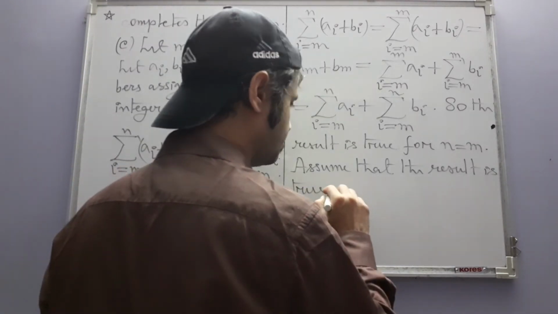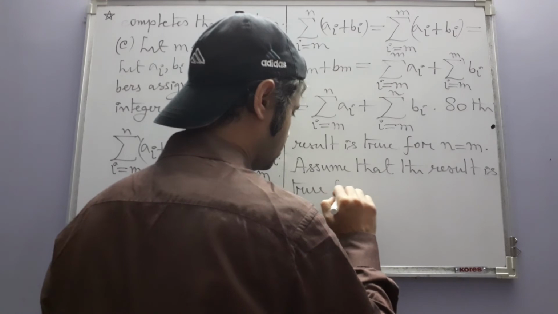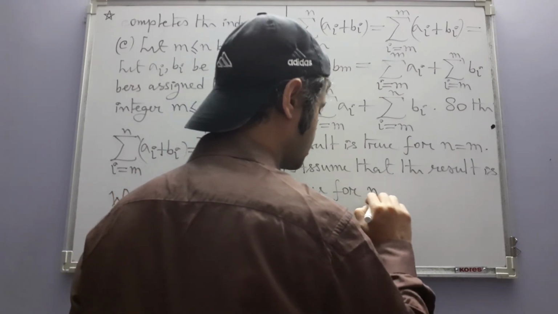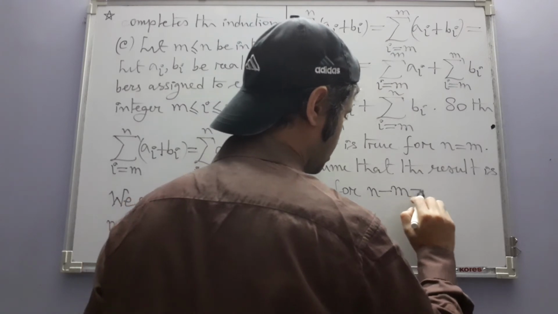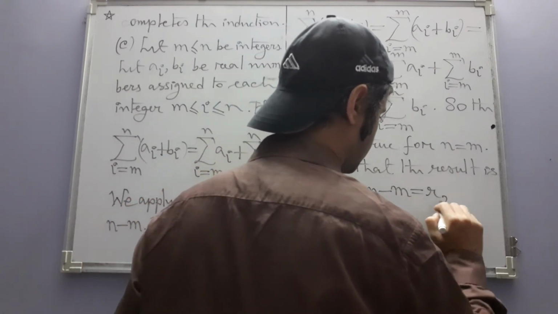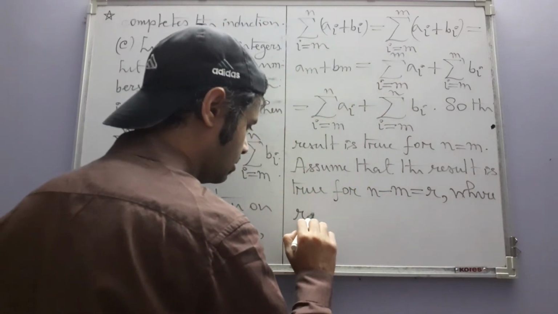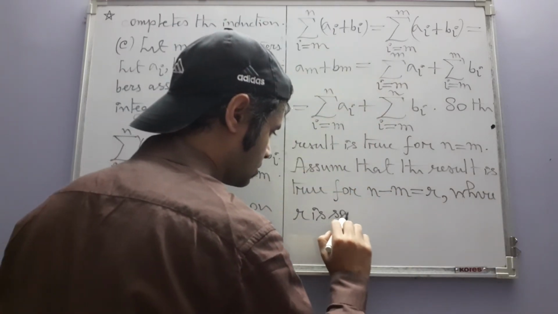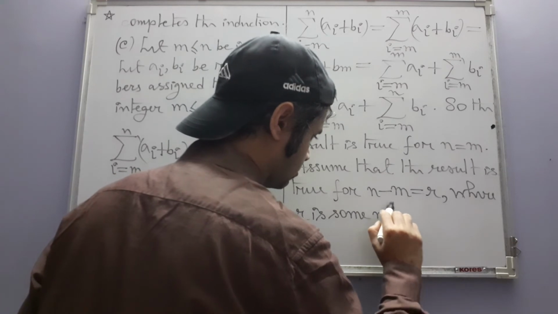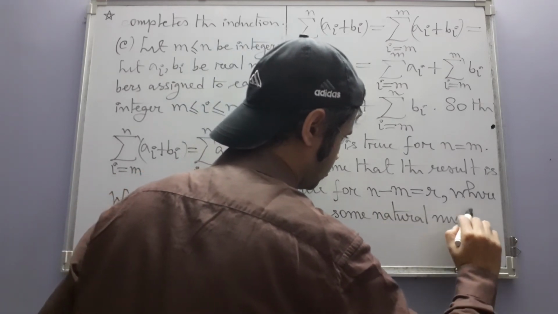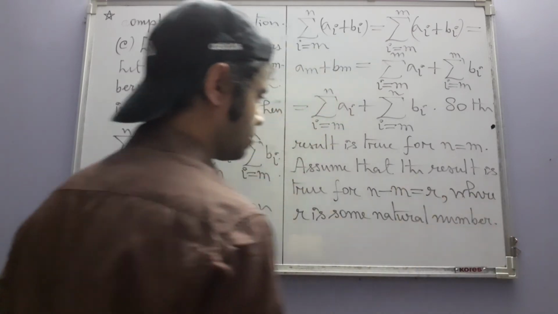Assume the claim is true for any integers n and m such that n minus m is equal to r, where r is some natural number.